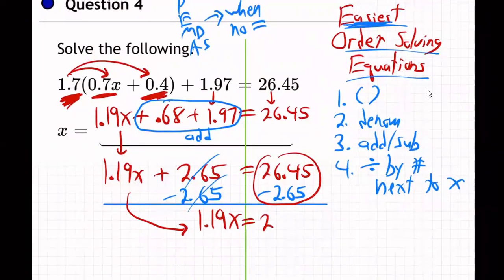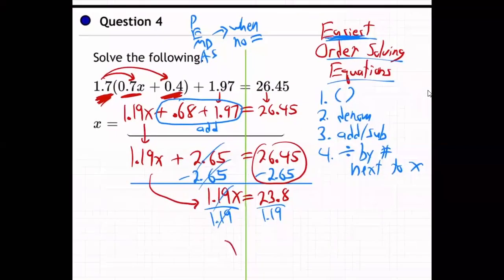I'm getting 23.8. And then last step here is divide by 1.19. Boom, boom. And x equals, so divide on your calculator. And I'm getting a nice clean 20. There we go. So that was a lot of work.